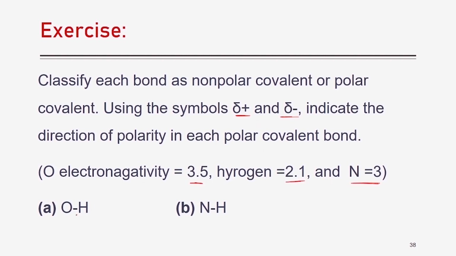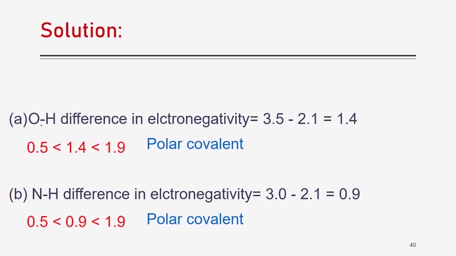First, to know the type of bond between oxygen and hydrogen, we need to calculate the difference in electronegativity between the two atoms, which is equal to 3.5 minus 2.1 equals 1.4. Notice 1.4 lies between 0.5 and 1.9, so it is a polar covalent bond. The dipole arrow head points towards the more electronegative oxygen.